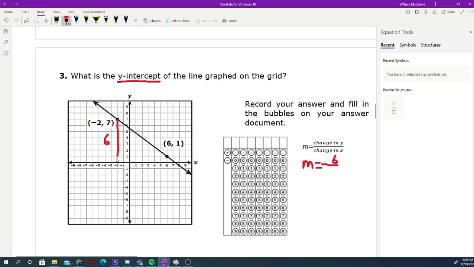Now we can use this line to go over, which would be our change in our x value. We can count these all up. We can subtract negative 2 from 6, which gives us a distance of 8.